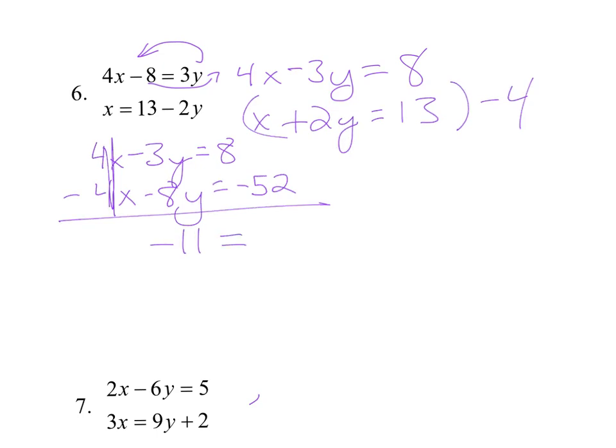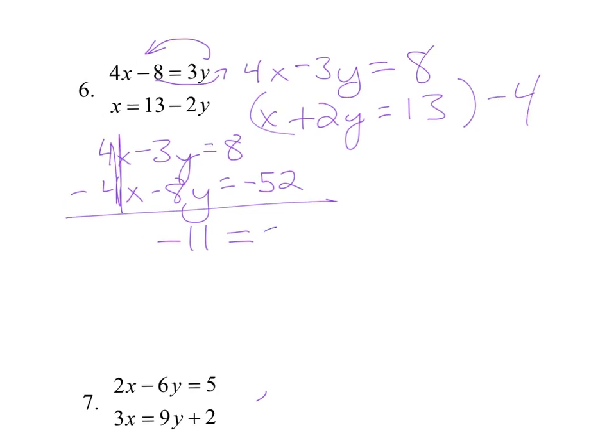Negative 52 and a positive 8 give me negative 44. Yay, that's good because negative 11y equals negative 44. I like that because 44 is a multiple of 11. Divide by a negative 11. Those disappear. I've got y equals positive 4. Yay. All right, now we go find x.